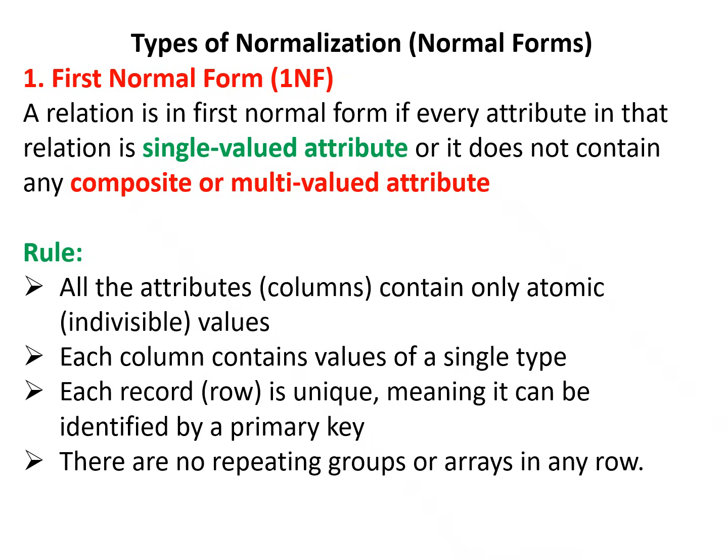All the attributes, which means the columns, contain only atomic or indivisible values, and each column contains values of a single type. Each record, which is a row, must be unique, meaning it can be identified by a primary key. So there are no repeating groups or arrays in any row. These are the main conditions or constraints for creating first normal form.